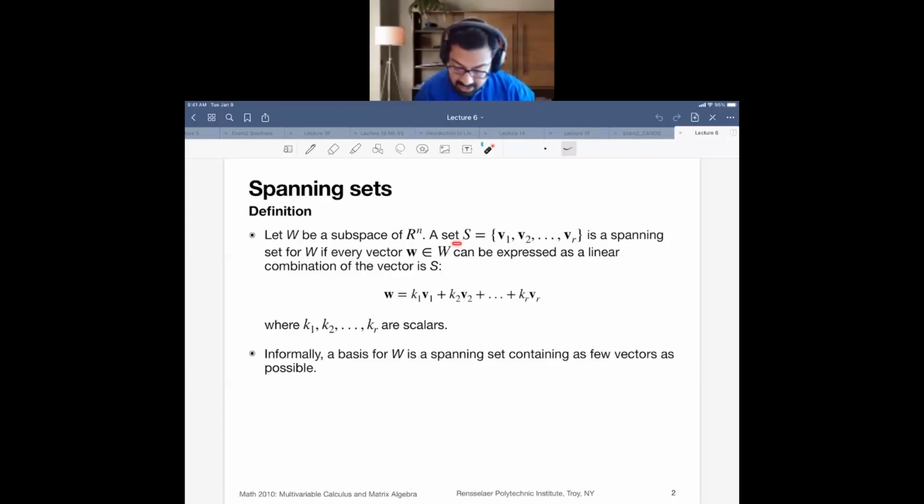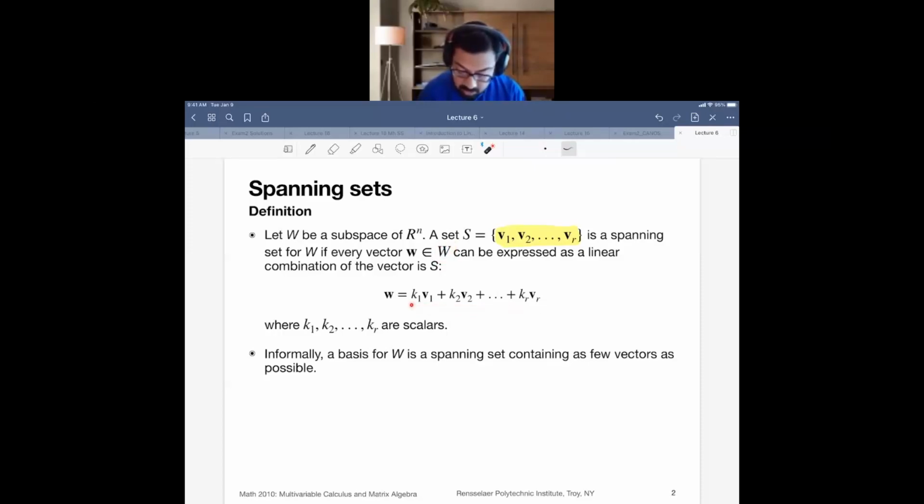That set S is going to be a spanning set of this subspace W if every vector in that subspace can be expressed as a linear combination of the vectors in S. So you should be able to take any linear combination of these vectors and express any vector in the subspace W.